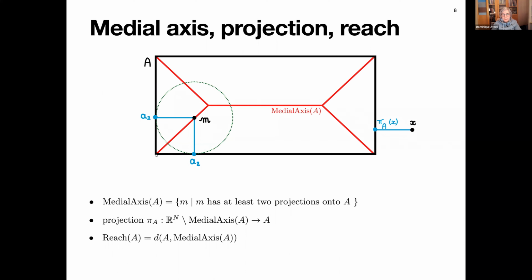The medial axis of this rectangle is formed of those red curves here. We consider the projection map on the shape. This projection map is defined everywhere except at the points of the medial axis. And the reach of the shape is the distance between the shape and its medial axis. In this particular example, the reach vanishes here, it's 0.